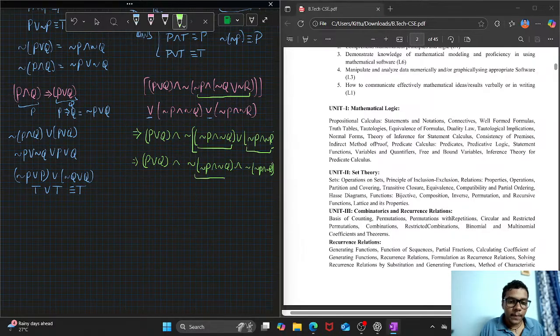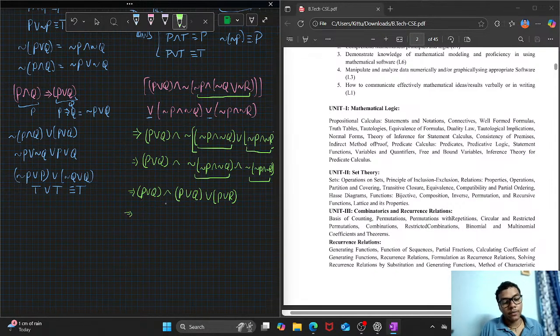So again you apply De Morgan's law for this and De Morgan's law for this. P or Q and this becomes P or Q or P or R. So the double negation cancels out. I'm not writing that step again.